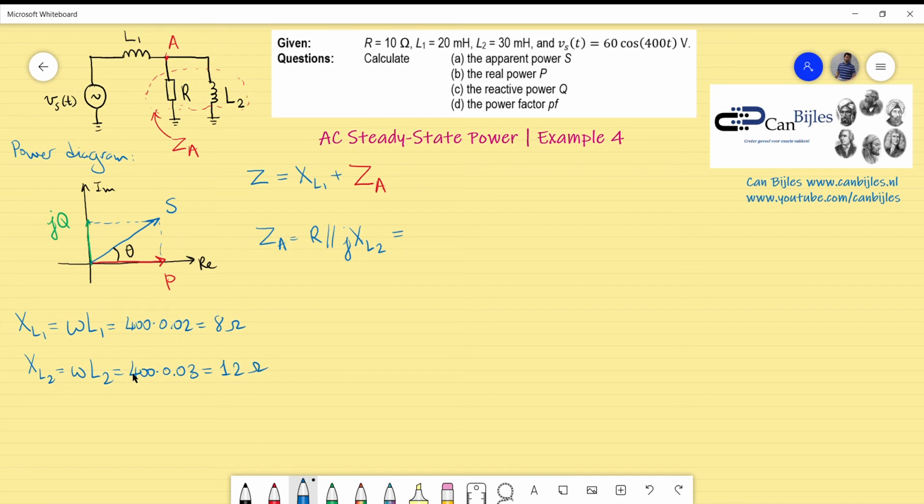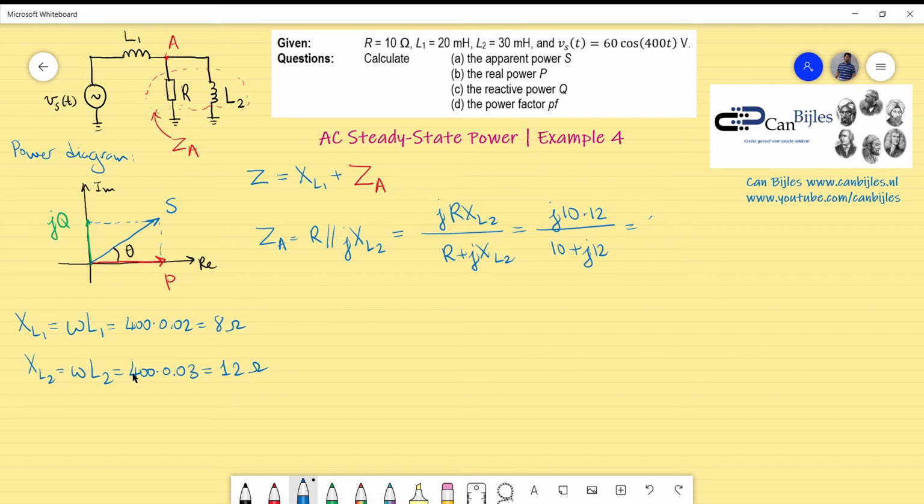Now, you can write it in a different form, with multiplication divided by the summation of these two components, which is jR times XL2 divided by R plus jXL2. You already know all of the components now, so that's 10 for R times 12 for XL2 divided by 10 plus j12.